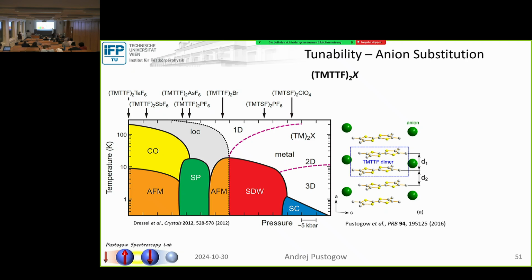Essentially this dimer here, two molecules, can host one electron, and there is some dimerization, so the distance between these two molecules is different than the distance here. Therefore, one electron is sitting here and another one sitting here, and it's like a Mott insulator. So it has more the properties of a half-filled system than of a quarter-filled system.